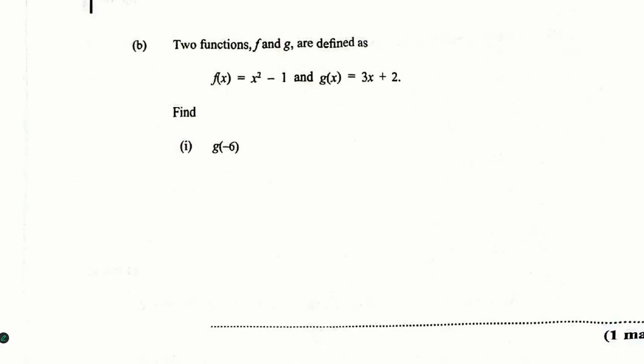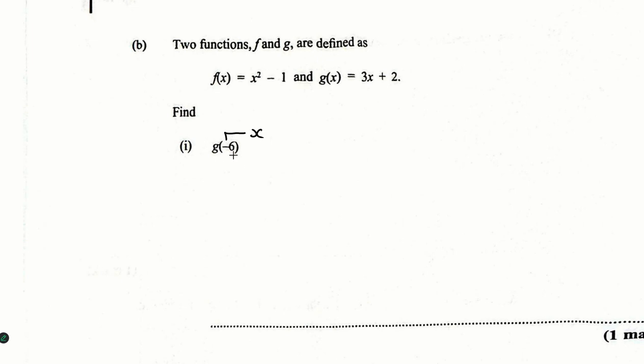Right, next question is a functions question, part B, and then they told you that f of x is x squared minus 1 and g of x is 3x plus 2. In our classes, we said that anything that is in our brackets here is what x is equal to.